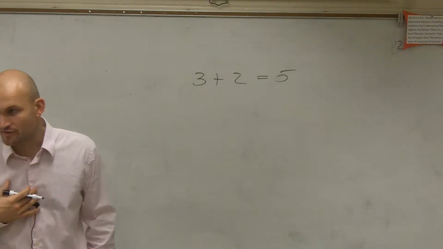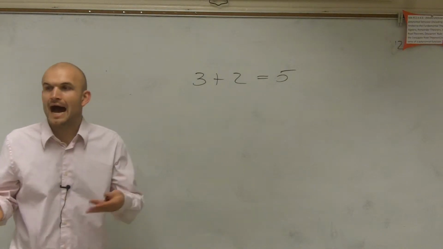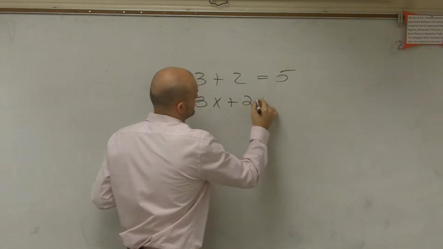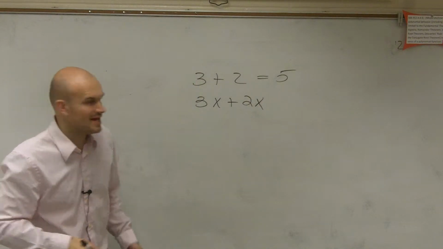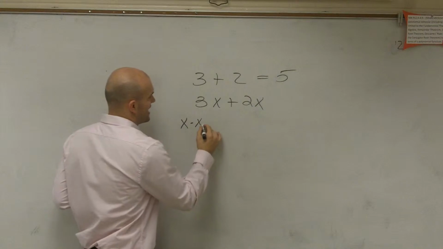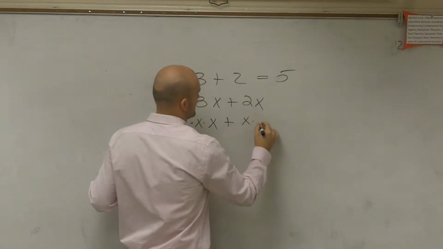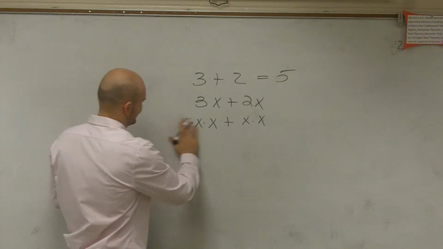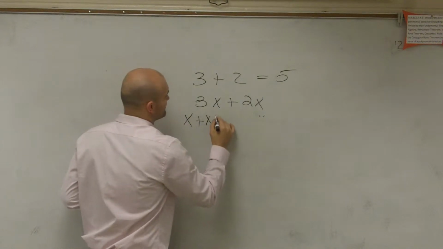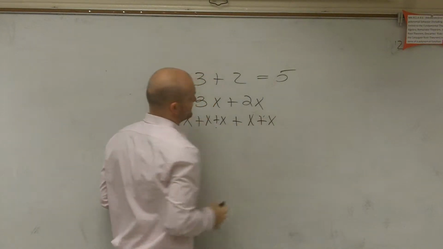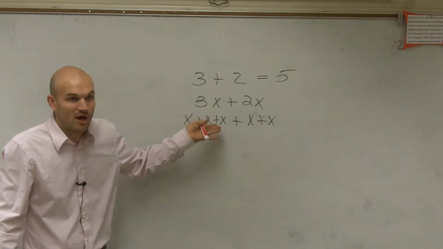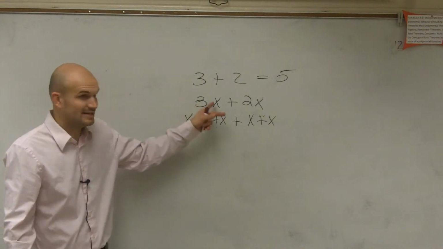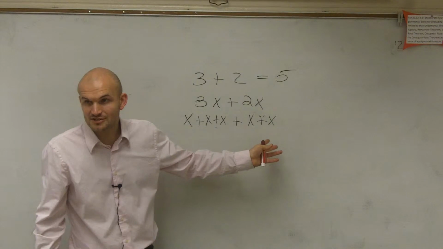Then the next thing we started talking about was when we started dealing with variables, all right? A lot of times when we think of variables, we want to give it an object name to understand it. So if I said I had 3x plus 2x, what does 3x represent? 3x just means you're adding something by itself 3 times. 3 times x just means x plus x plus x. 2 times x just means x plus x.